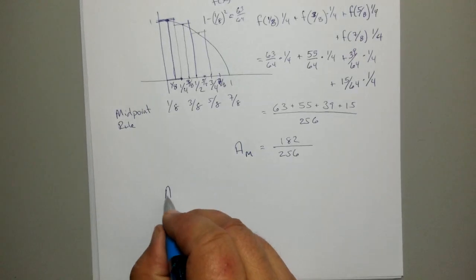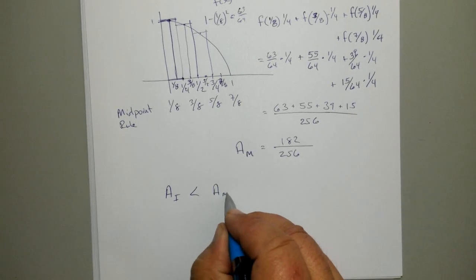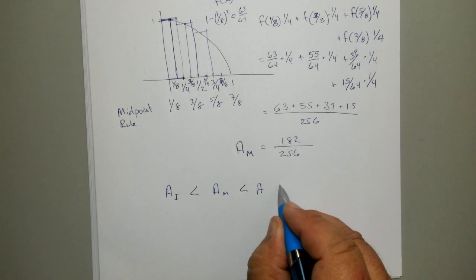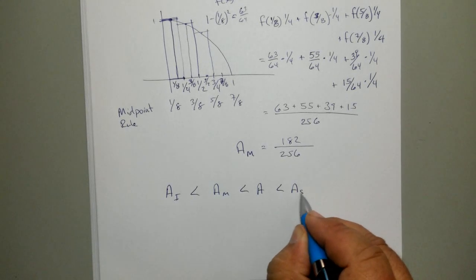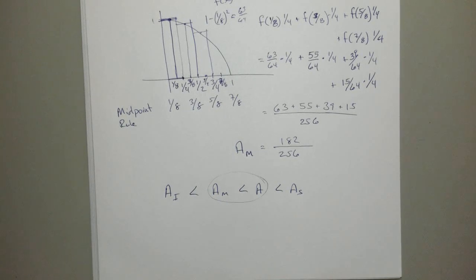So what we have is the inscribed area, midpoint area, the actual area, and the superscribed area. So this is the closest we can get right now. This is only using 4 rectangles.